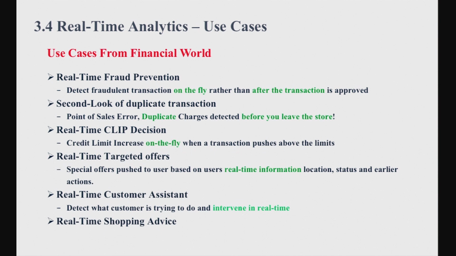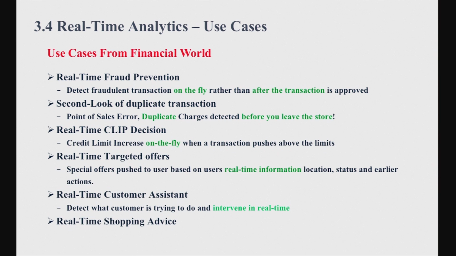Real-time fraud prevention. You might have known that fraudulent activity on credit cards often happens, and what companies like Capital One used to do is batch processing. They go over the old records, old transactions, run these algorithms in a batch fashion, detect something that might be fraudulent activity, and then flag it.